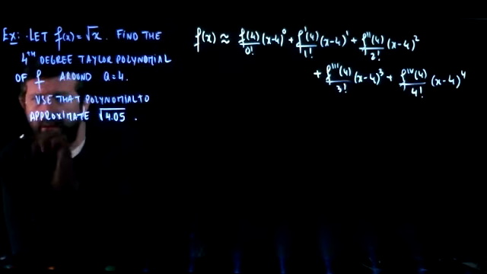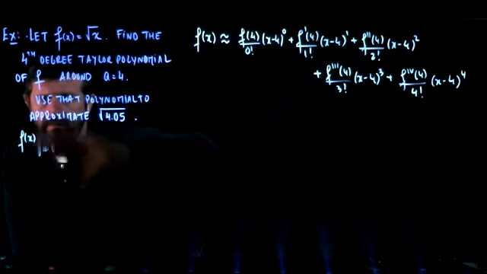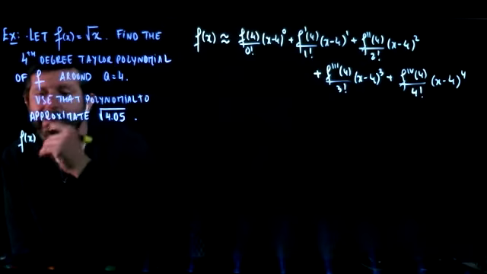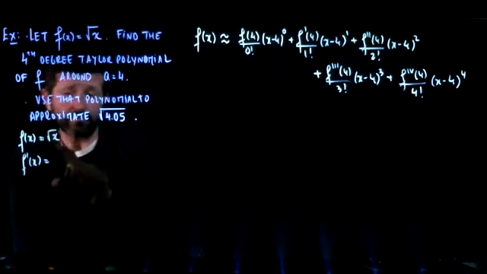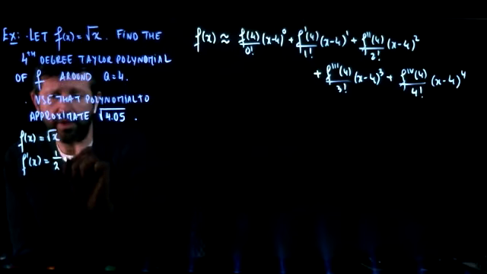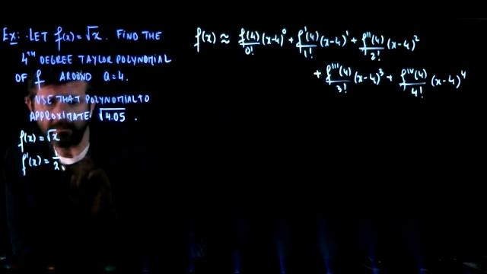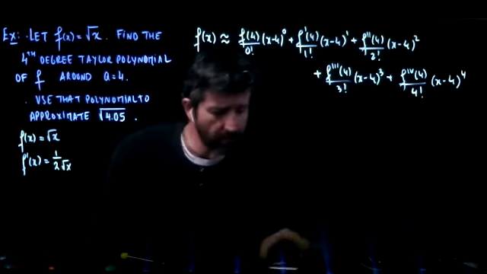So f of x is root x. F prime of x: the derivative of root x is 1 over 2 root x.